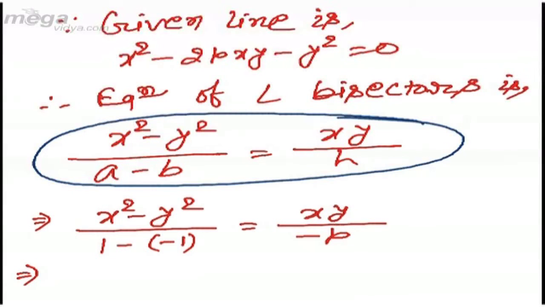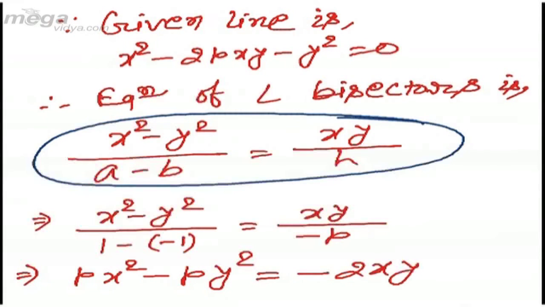So after cross multiplication, it becomes px square minus py square is equal to minus 2xy. So now we'll bring this minus 2xy on the left side and it becomes plus 2xy.